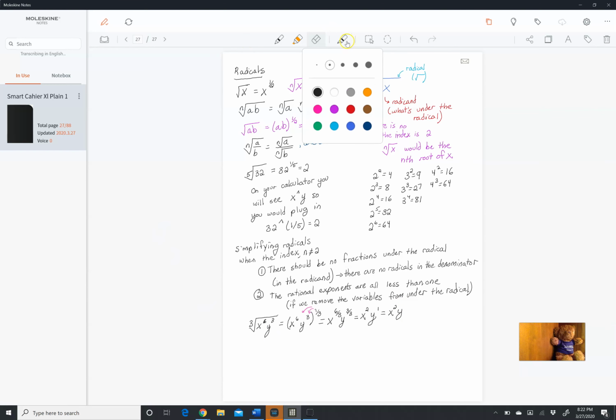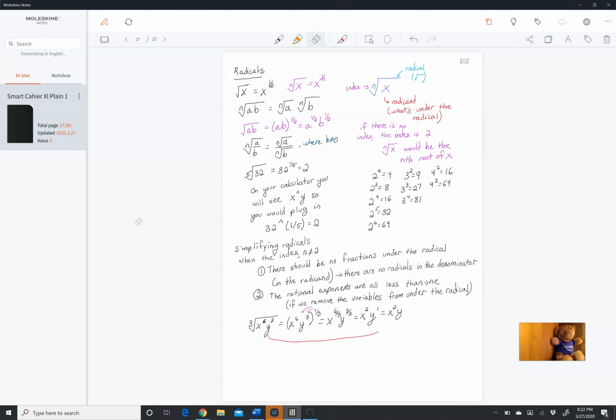What we're doing is taking the exponents of the variables and dividing by the index. So divide the exponents of the variables by the index.